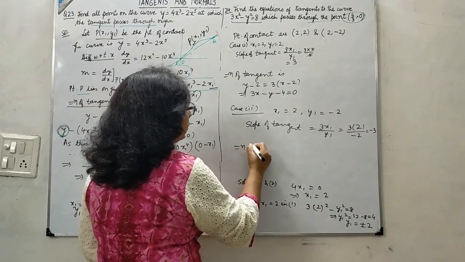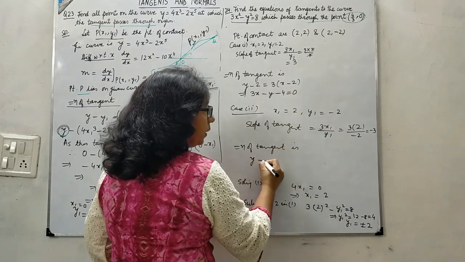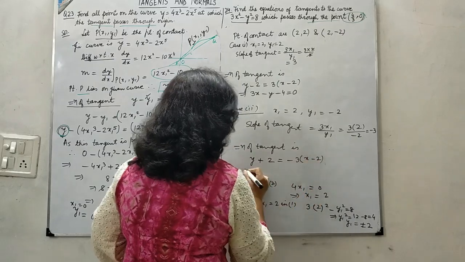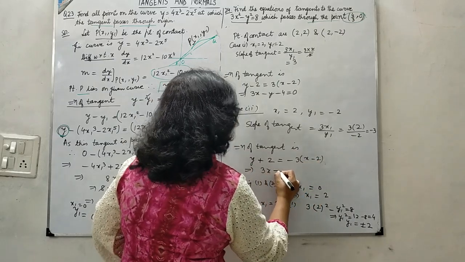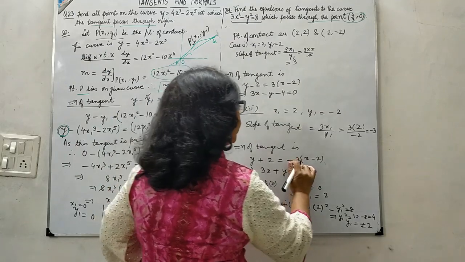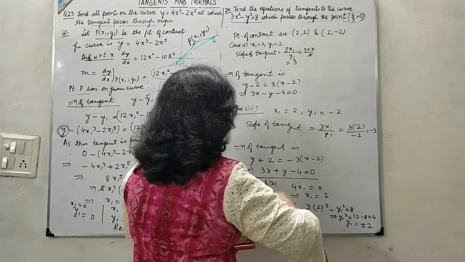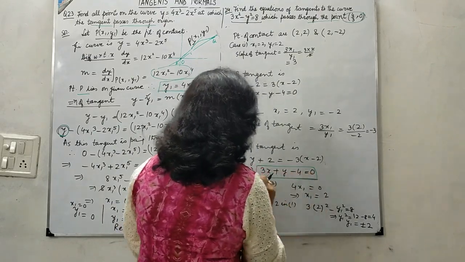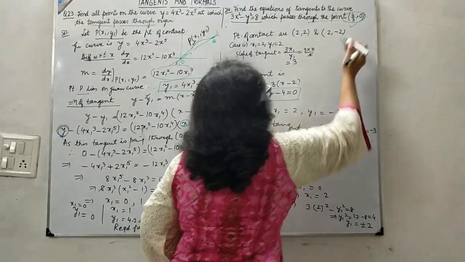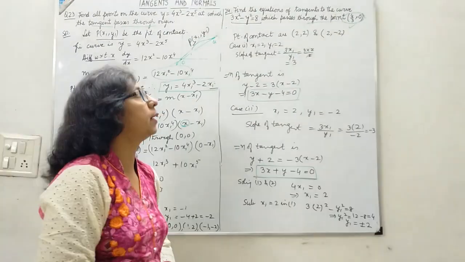So we have the equation of the tangent in this case as y plus 2 equal to minus 3 times x minus 2. So from here 3x plus y minus 4 is 0. So we have got these two equations at two different points which are passing through the point (4/3, 0). Although the question is long enough, it comes for 6 marks.